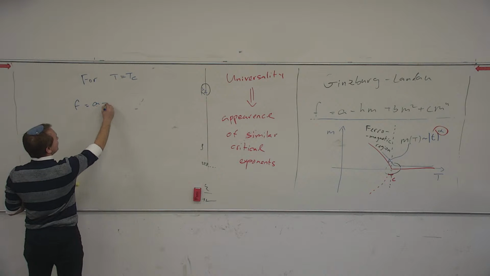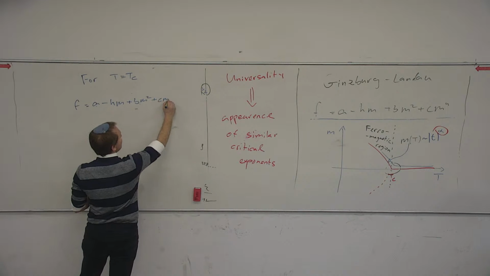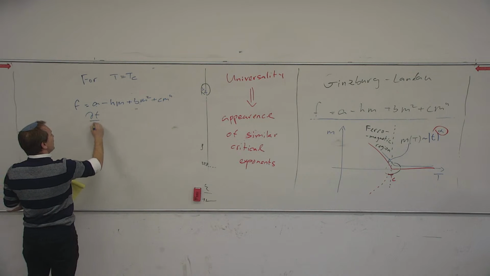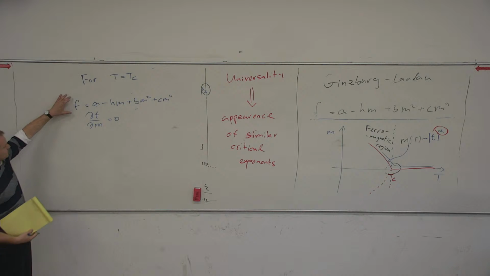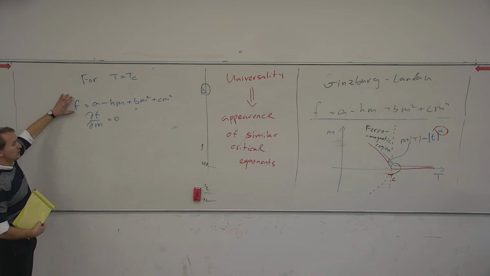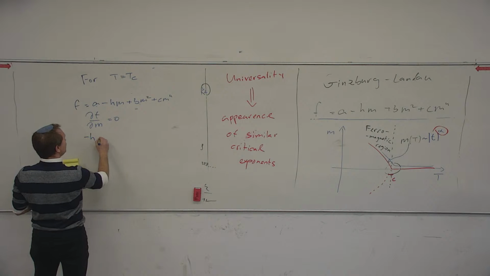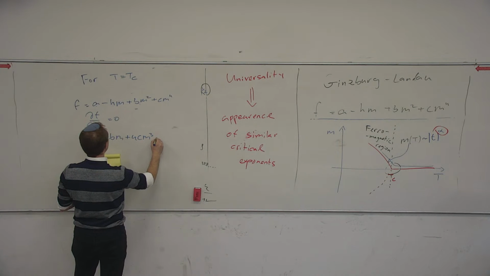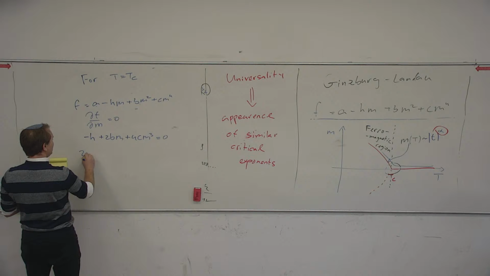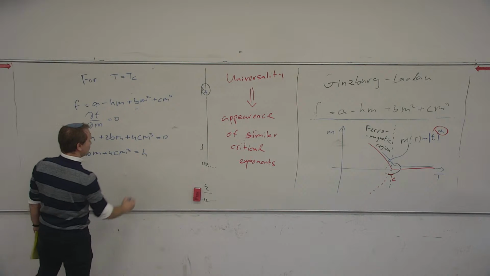So we already know that we have this equation, hm plus b m squared plus c m to the fourth. And we use this equation, df/dm equals 0, in our exploration of the saddle points. What we obtain is minus h plus 2bm plus 4cm cubed equals 0. So 2bm plus 4cm cubed equals h.